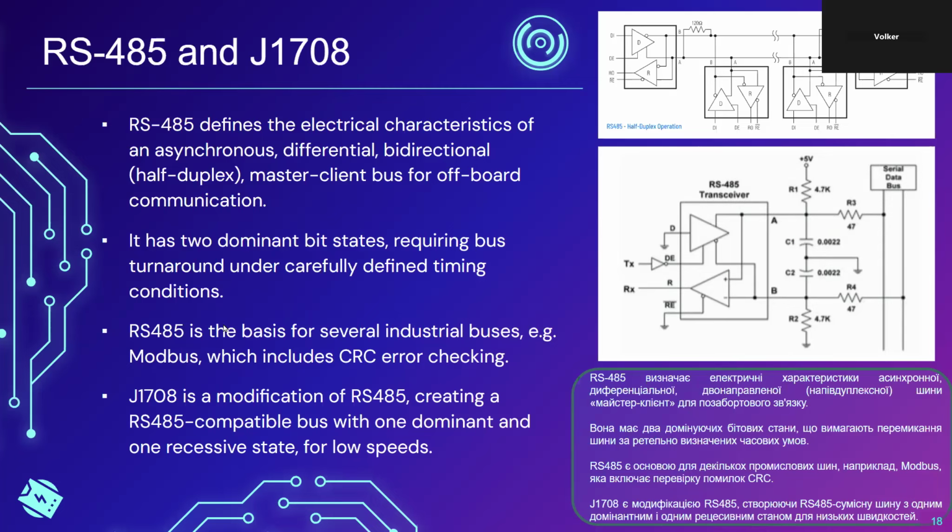But even though the signals are differential and subtracted from each other, both signals, the A and the B signals, are still referenced to ground. So technically, it requires a wire pair and a ground connection. So it's differential, bidirectional, half duplex.